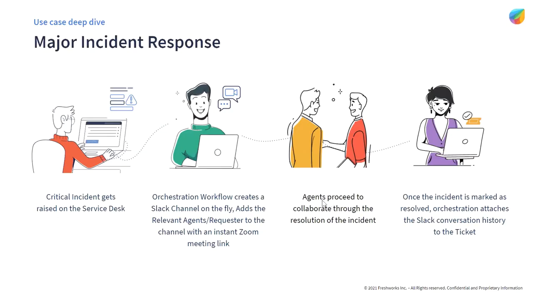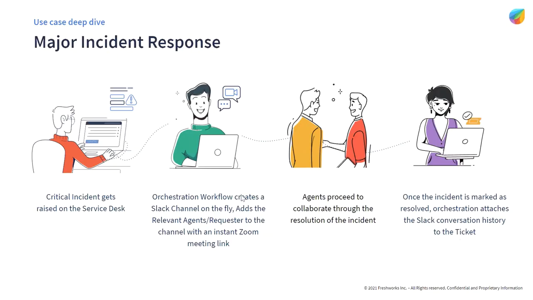Once this is done, the agents will hopefully proceed to collaborate through that issue, and once they've come up with a resolution of that incident, they can go ahead and mark that incident as resolved. Once you do that, orchestration fires another workflow to attach the conversation history that took place within that Slack channel to that ticket.